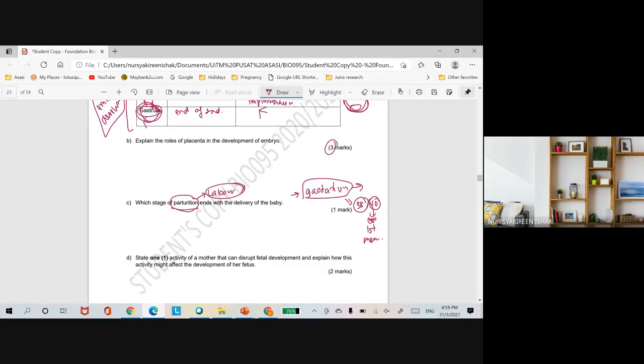So sebab tu kalau orang yang pregnant, bila dia pergi check kat doktor, doktor akan tanya, bila last period awak? Kan? Sebab apa? Sebab dia nak kira awak punya EDD. EDD tu apa? Estimated due date. Bila awak dijangkakan untuk bersalin. So that's why it is really important when you get married, you always jot down the last date of your period. Tiba-tiba termengandung, bila doktor tanya bila last period, awak tak tahu.